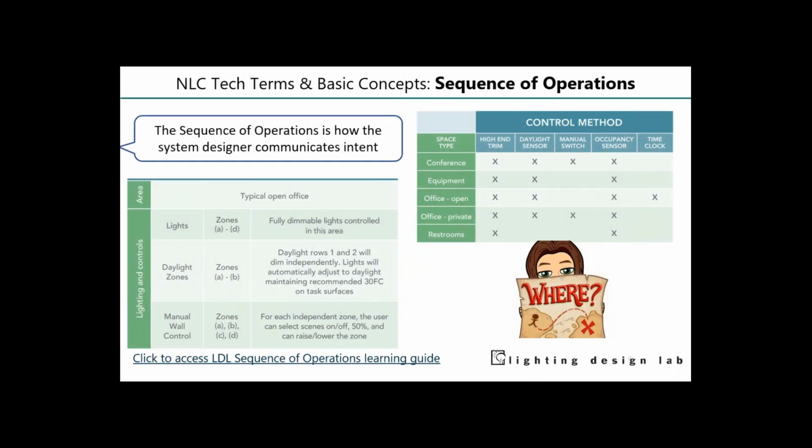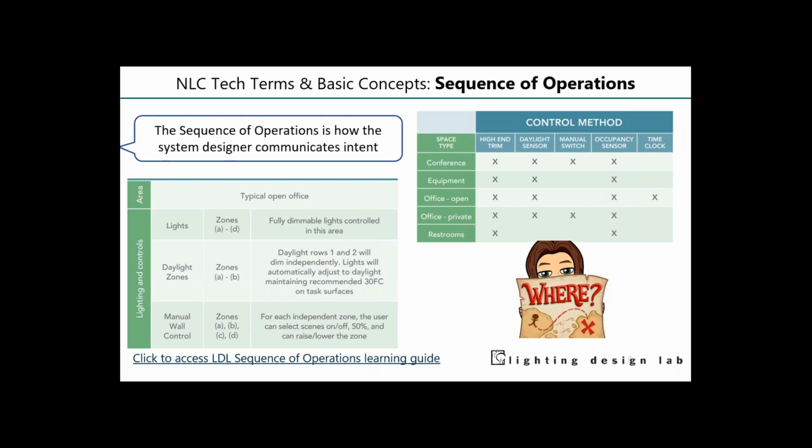The next tech term I want to talk about is sequence of operations. Key concept, technical term. The sequence of operations is how the system designer communicates intent. There are a lot of different ways that you can put this together. It can be in Excel, it can be in Word. It doesn't have to be a table, but tables help.